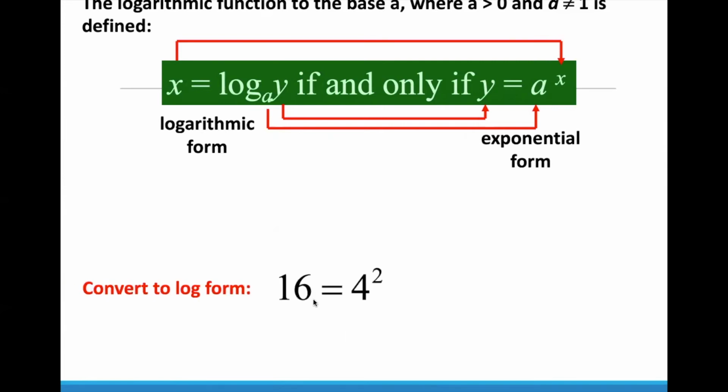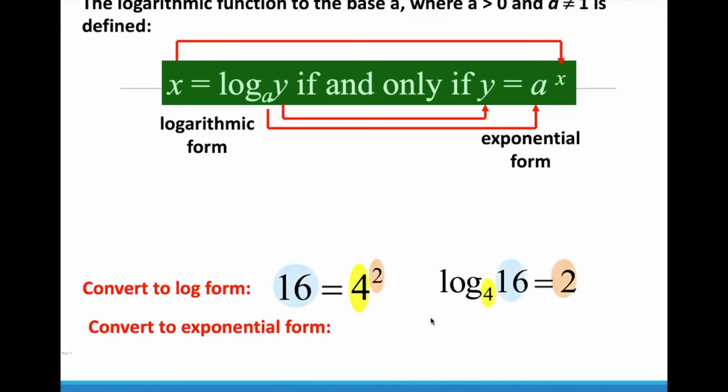So if I ask you to convert 16 equals 4 squared, this is just equal to log of 16 with the base 4 equals 2. And on the other hand, if we have log of 1/8 to the base 2 equals negative 3, it's just equal to 2 raised to negative 3 equals 1 over 8.